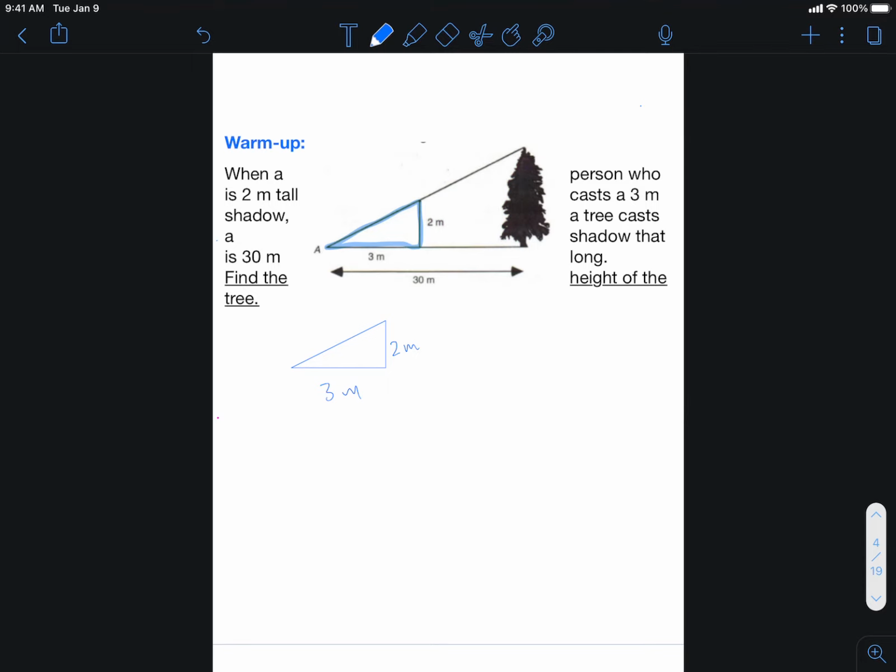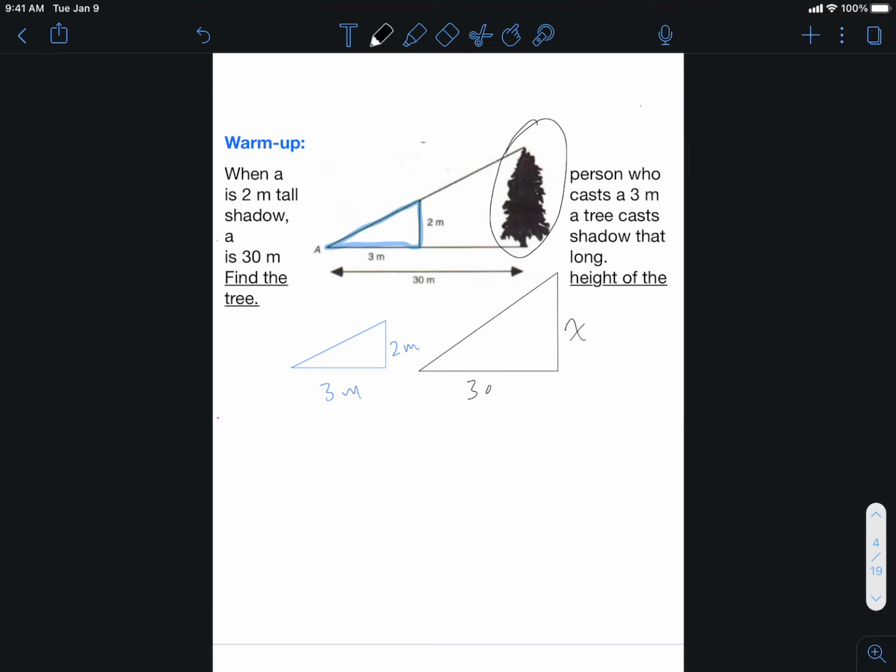If I were to draw that one, it'd be a little bit bigger. On it, it's going to be 30 meters long, and we want to figure out how tall the tree is: x.